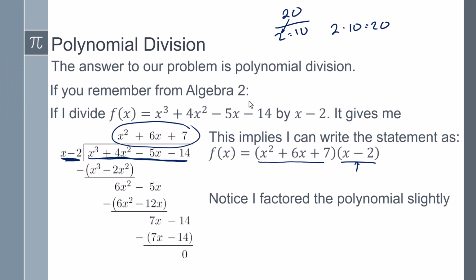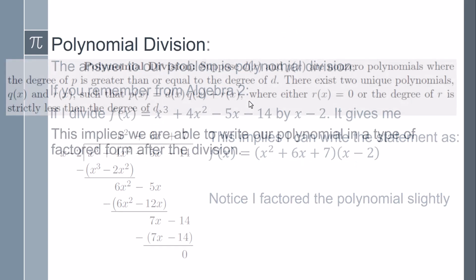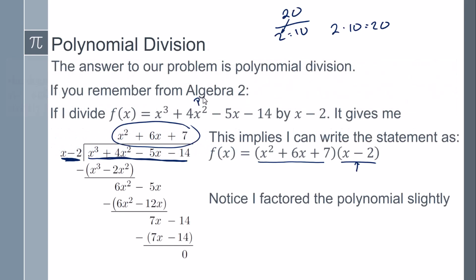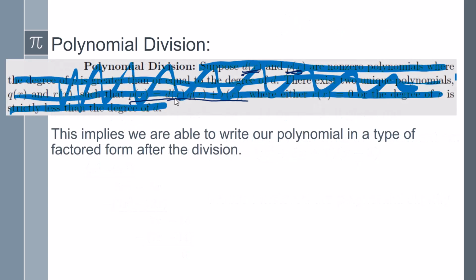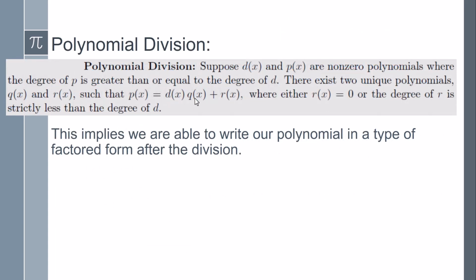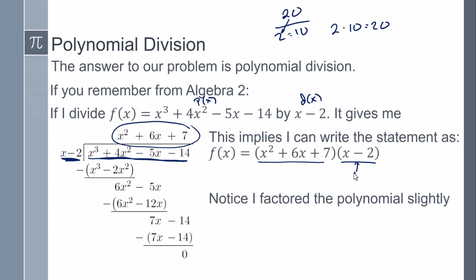So going to this previous problem, here's my p of x, here is my d of x. If I were to go through and divide them, I could write it as d of x times a new polynomial q of x, plus my remainder, and we call that r of x.